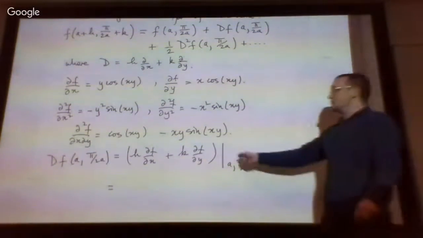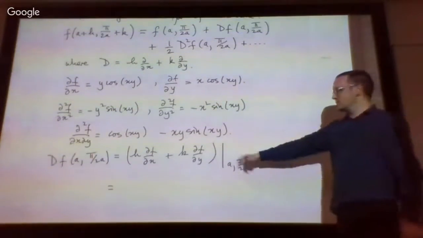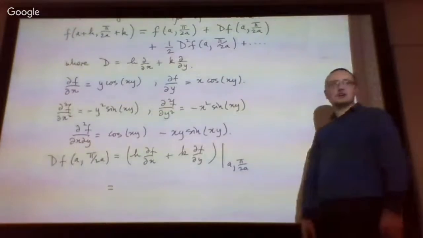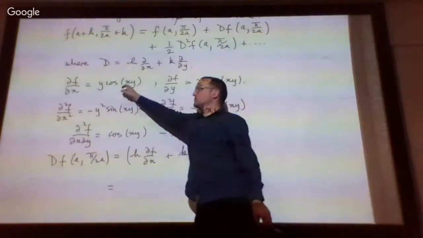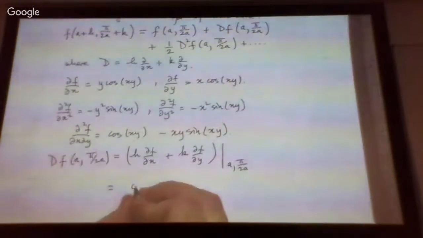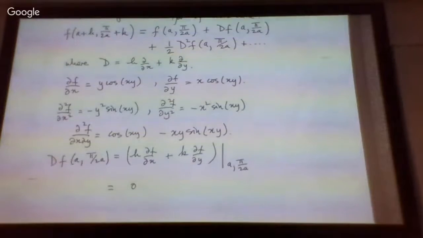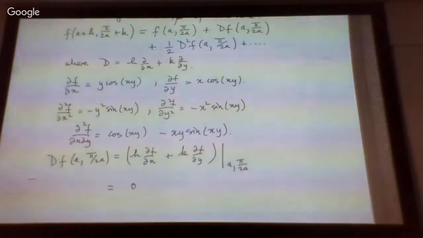So both of these coefficients are equal to 0 when we evaluate them at a and π/2a. So it all amounts to 0. There are no terms in h and k. None of these order 1 terms in h and k are actually present in the Taylor series.